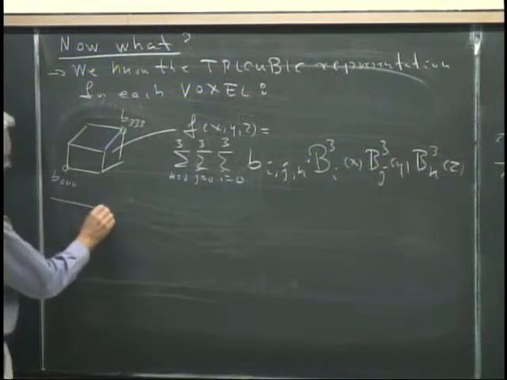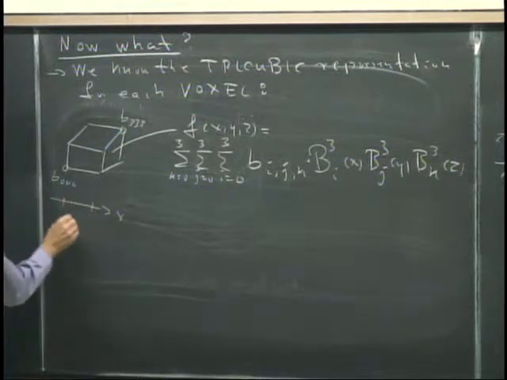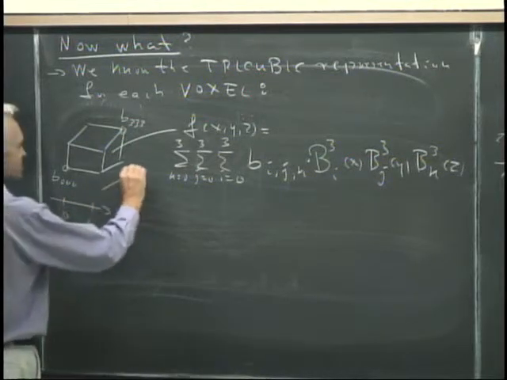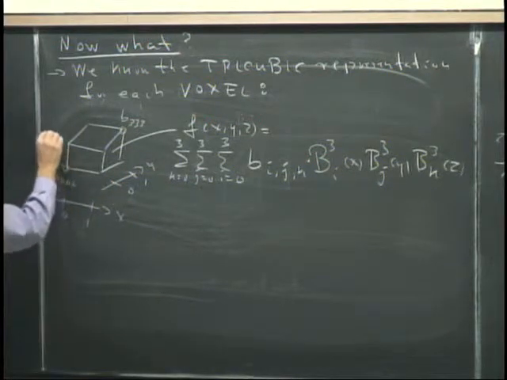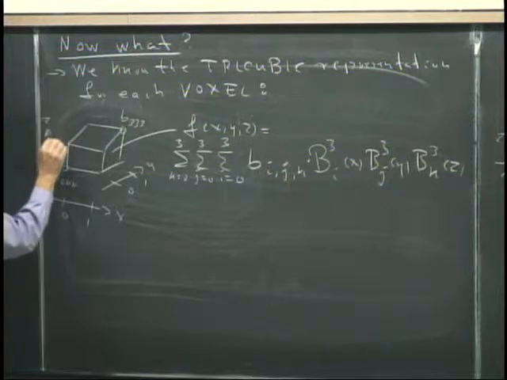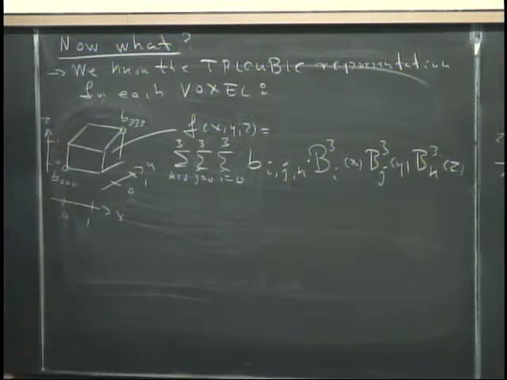Where we always assume that this is x direction and this is parameterized between 0 and 1. This is y direction. This is parameterized between 0 and 1. And this is z direction. And this is parameterized between 0 and 1.